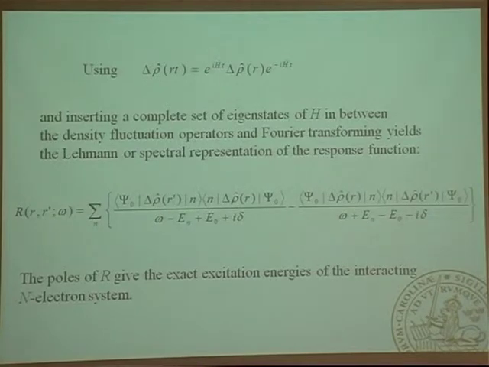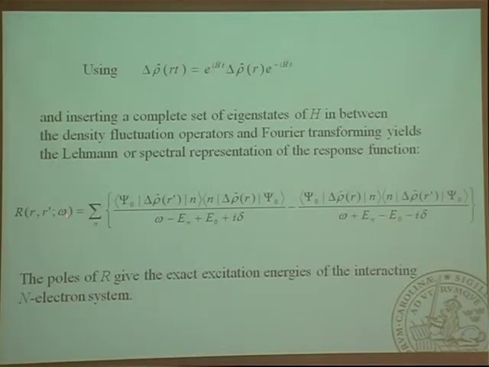So the linear response function actually contains important information about the system. It contains the poles of this response function, and this pole here gives us the exact excitation energies of the interacting n-electron system. It's an important property.